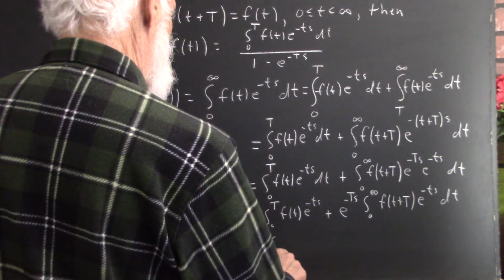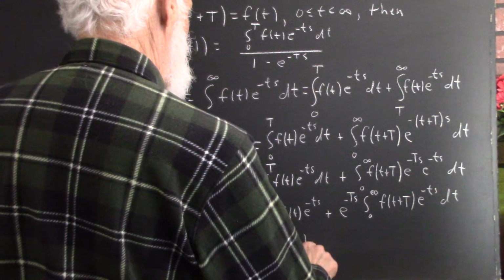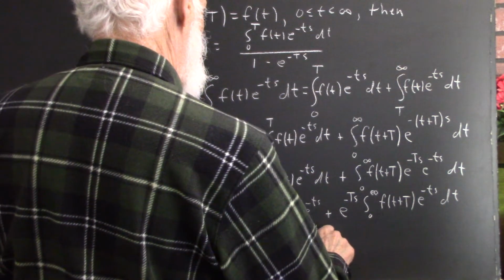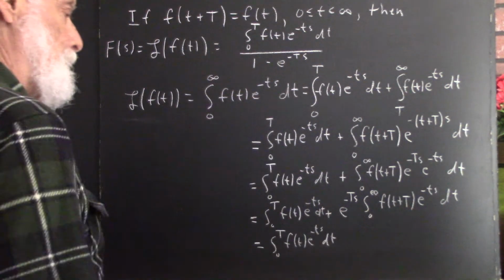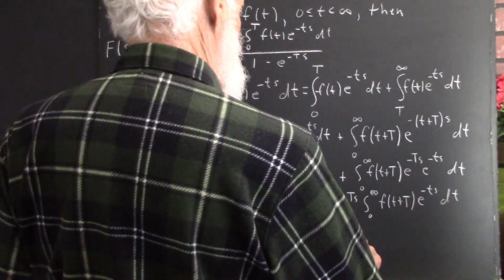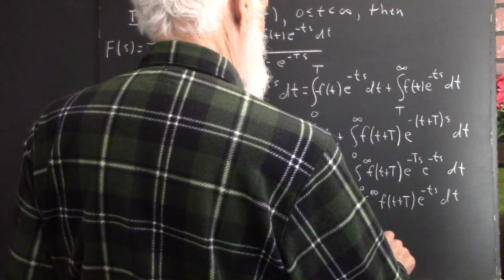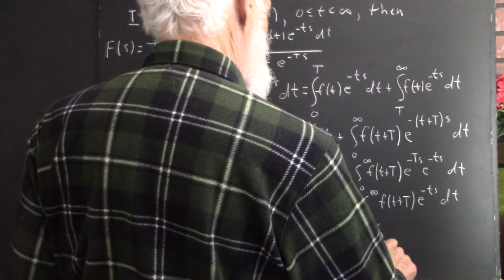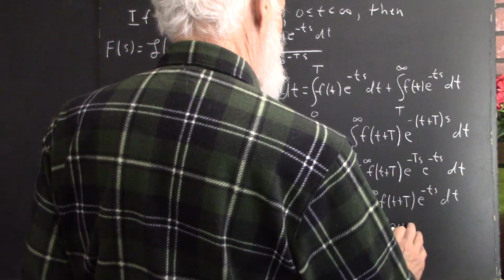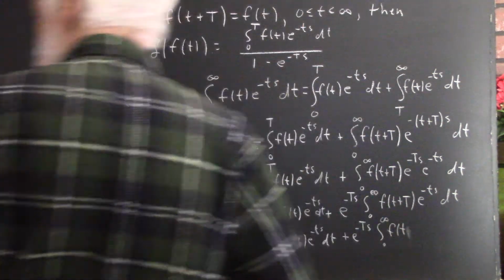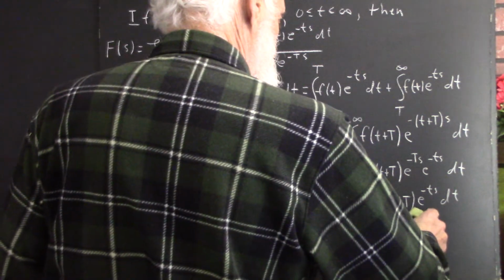So what we have then is the integral from 0 to capital T of little f of t e to the negative ts dt. Left out my dt here. Almost wrote my t plus capital T, and I want to get rid of that smudge.